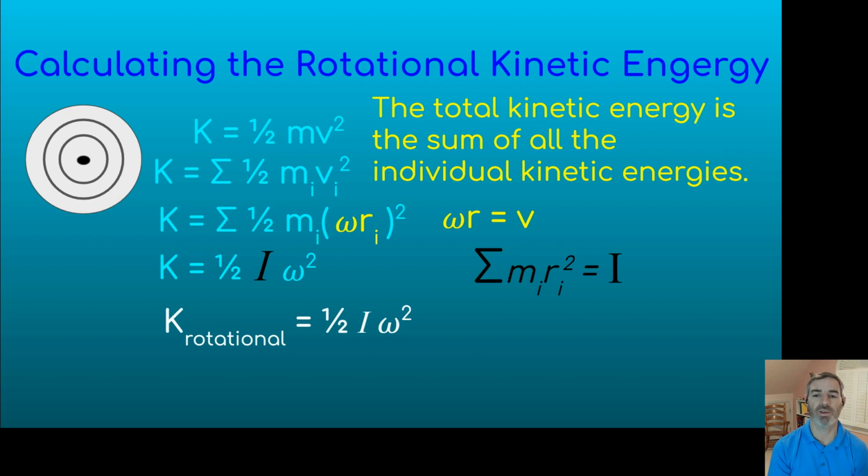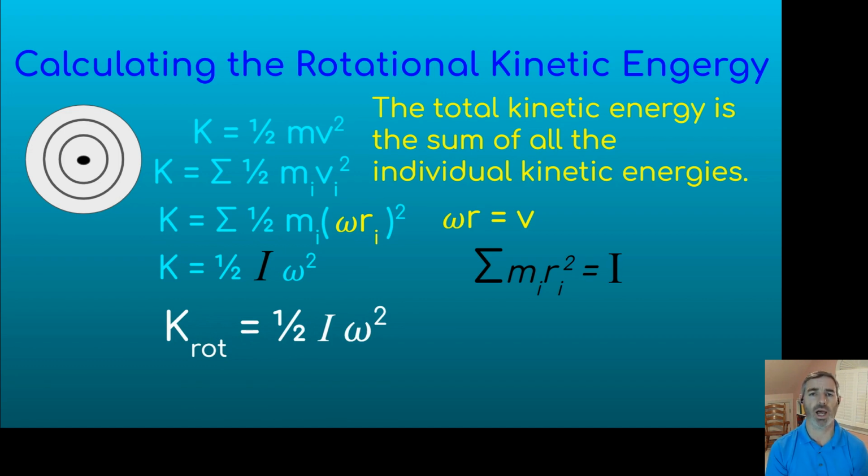And recall, we found those values or were given those equations to calculate for different objects back in the video for rotational inertia. We're going to abbreviate rotational with ROT so we don't have to write the word rotational each and every time. So our rotational kinetic energy equation is 1/2 I omega squared.